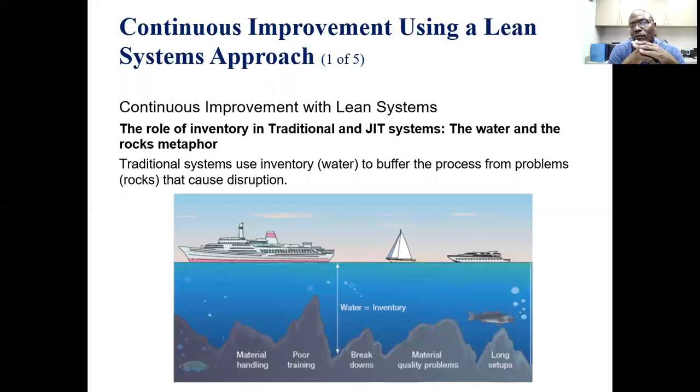Okay, so inventory can be a good thing, but holding on to too much inventory can also be a negative thing. Why? Having too much inventory shields the organization from immediately realizing there might be a problem with the system.